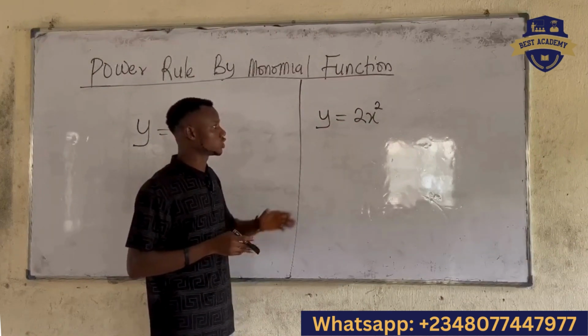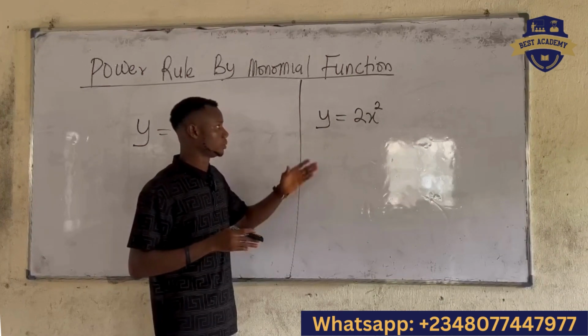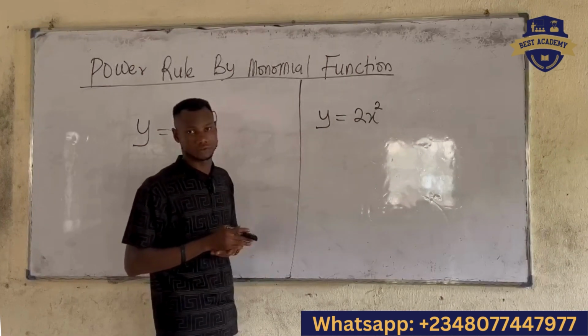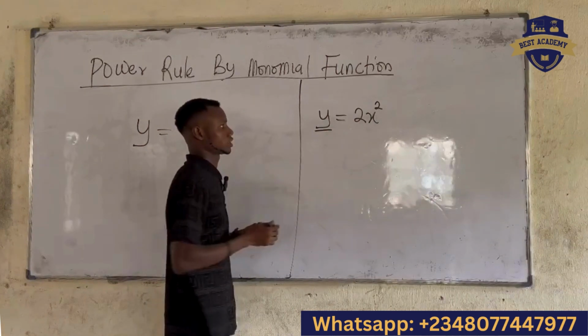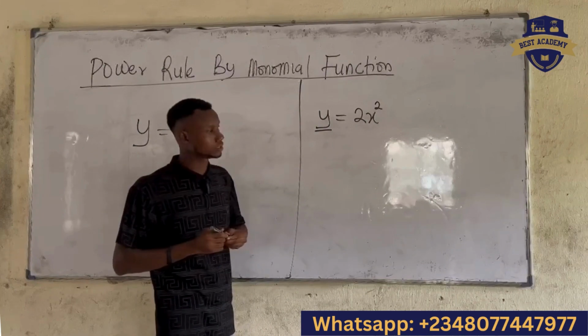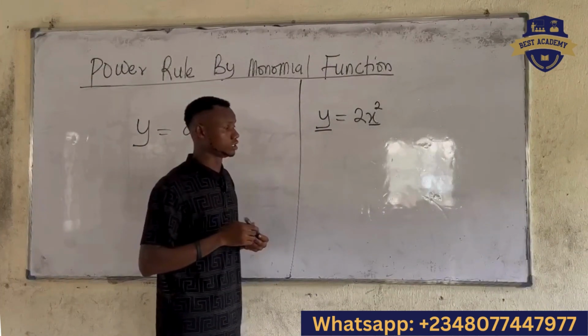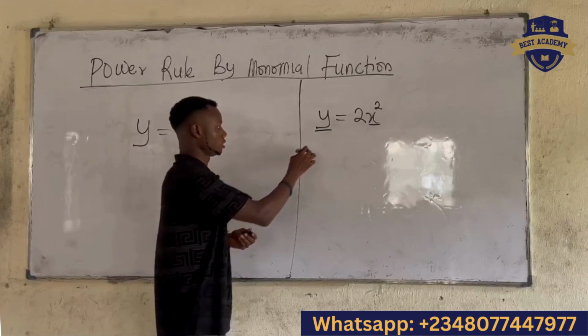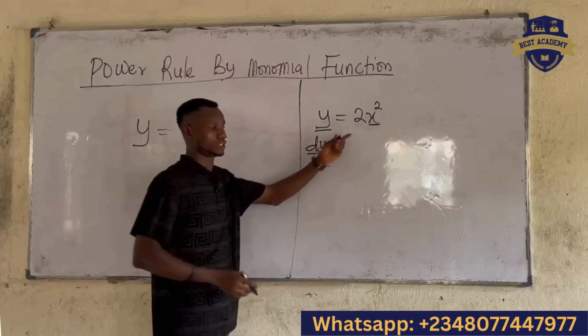Because in terms of differentiation, we define the derivative as the ratio of the dependent variable to the independent variable. The letter that acts as the subject is the dependent, while the letter that is not the subject is the independent. So it's going to be dy over ds.